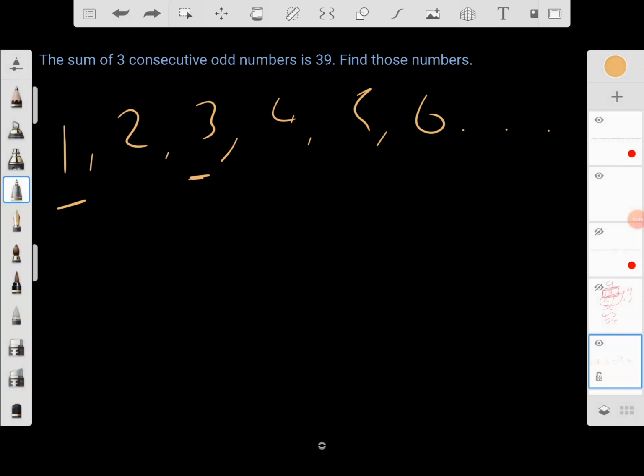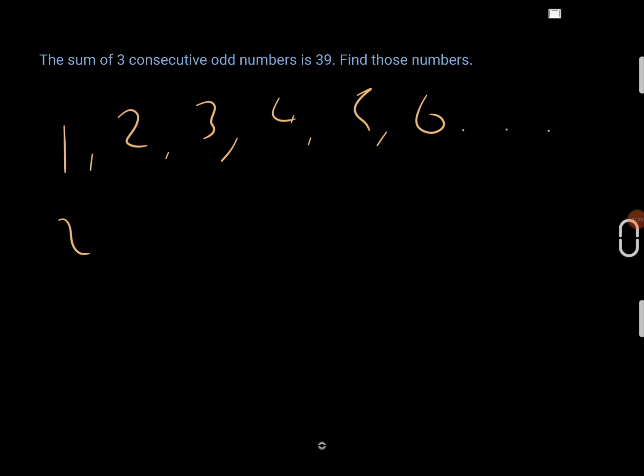Suppose I'm starting from 1. Then every alternate number, that means skipping the next number I should go here, then skipping the next number I should go here. So I should skip one number in between every time to get the odd numbers, right? So if 1 is x, I can say that the next number will be x plus 2, because it will be 1 plus 2, 3.